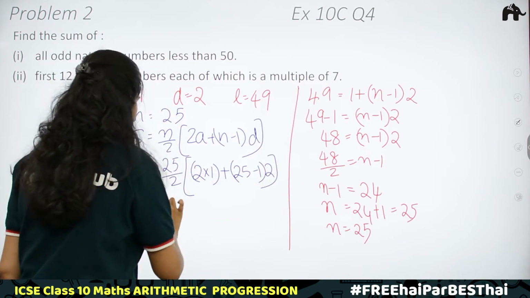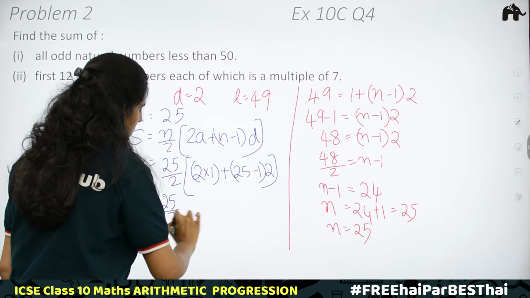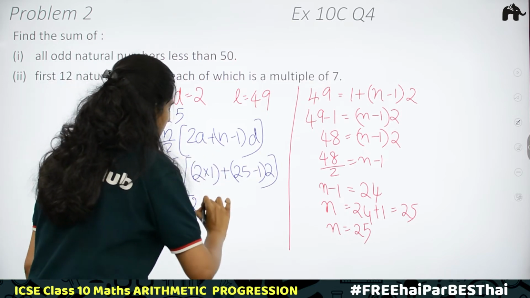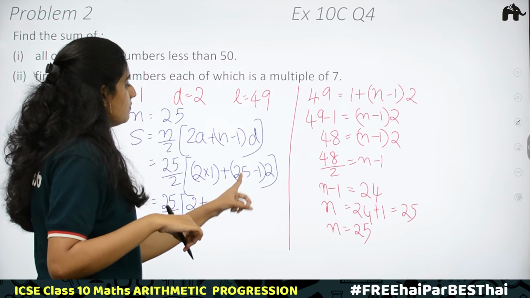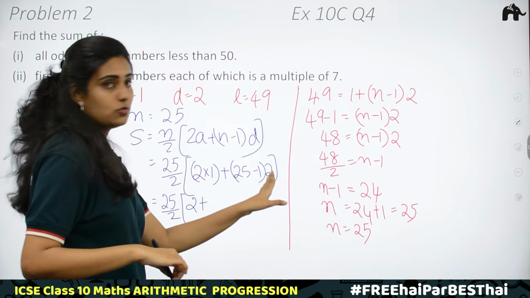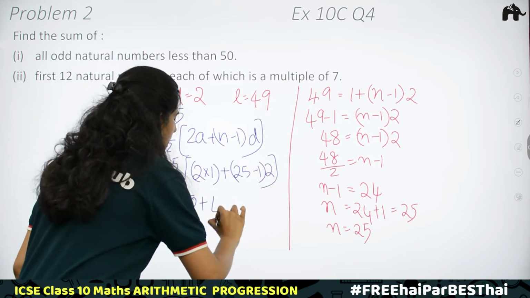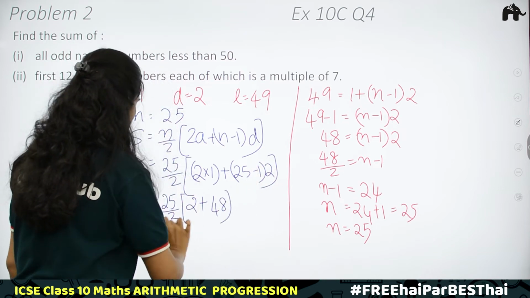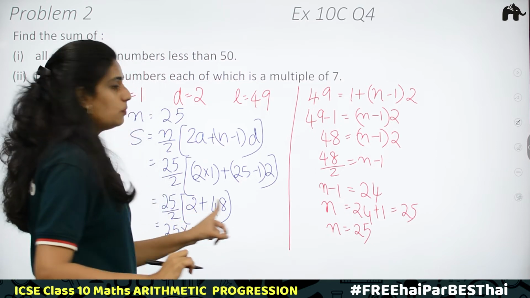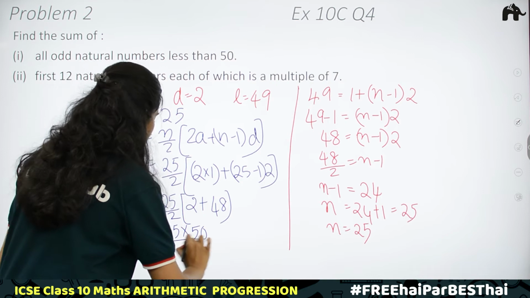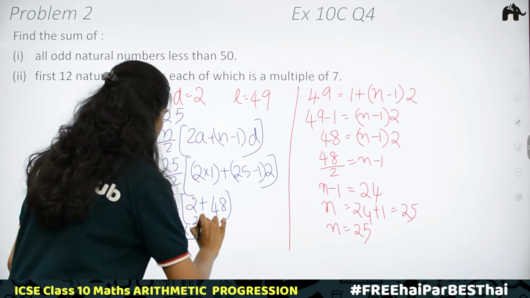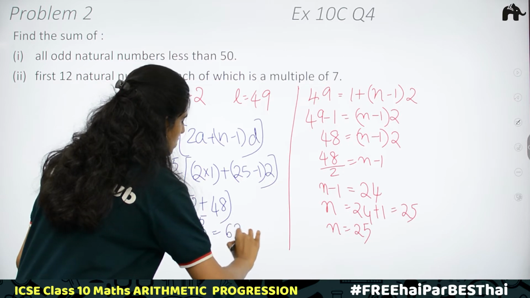That is equal to 25 divided by 2 into 2 plus 25 minus 1 is 24, 24 into 2 is 48. That is equal to 25 into 50 divided by 2, 2 plus 48 is 50, cancelling 2 and 50, we get 25. 25 into 25 is 625.